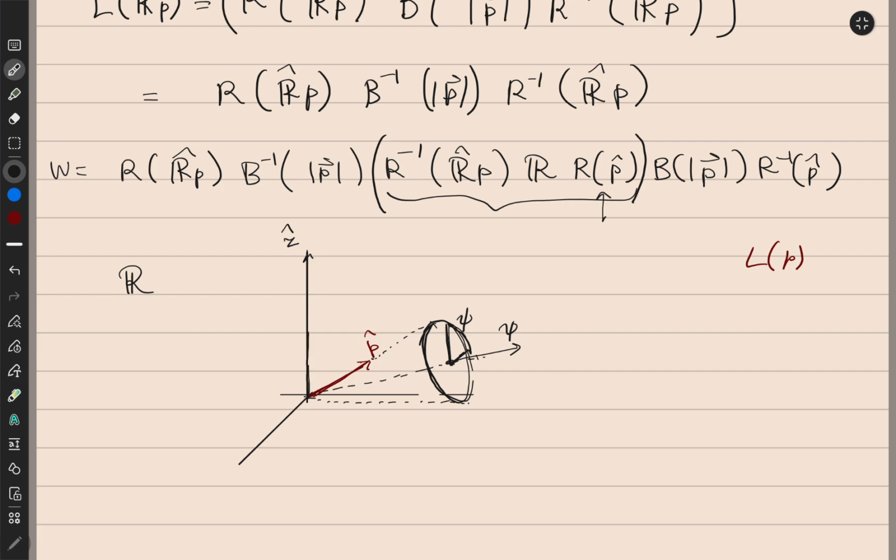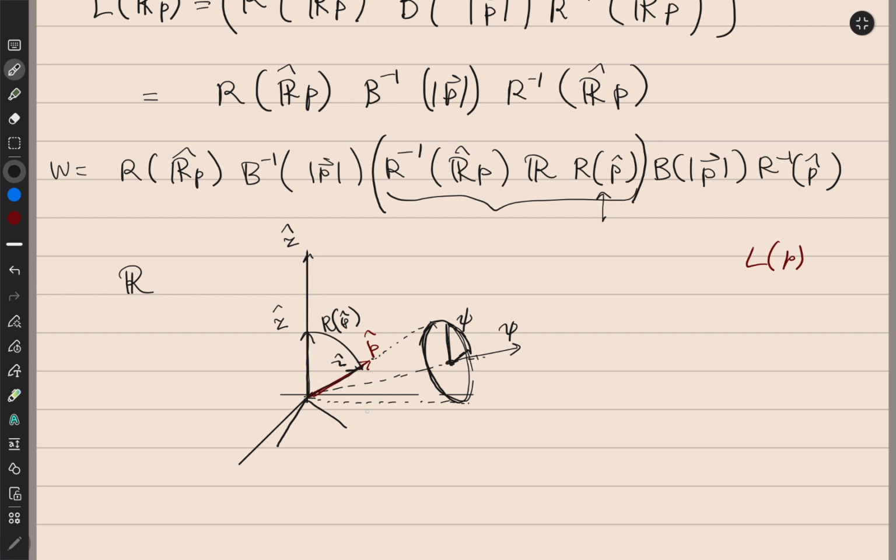Suppose this is my Z cap. R of P cap will bring me to this P cap. So now imagine Z cap is now here, pointing in the P cap direction. This is your Z cap.